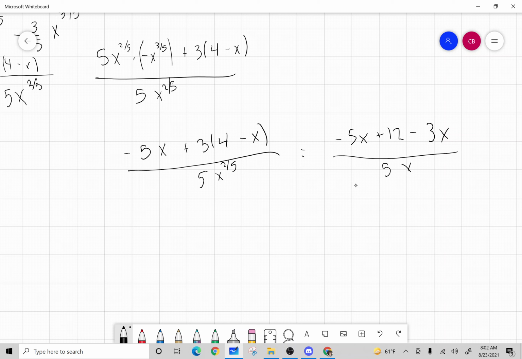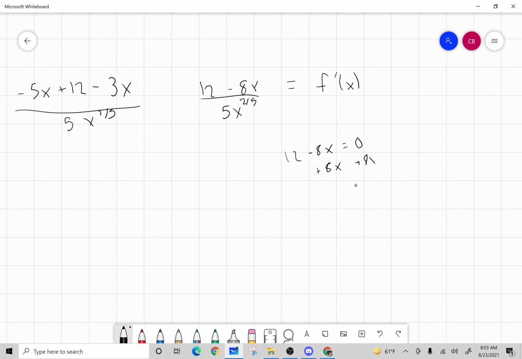So now this is the derivative, right? F prime is equal to this. So where would this equal 0? Well, this would equal 0 where 12 minus 8x is equal to 0. So we add the 8x, we have 8x is equal to 12, and we get x is equal to 3/2.